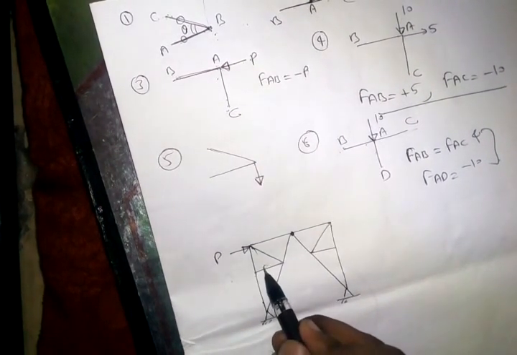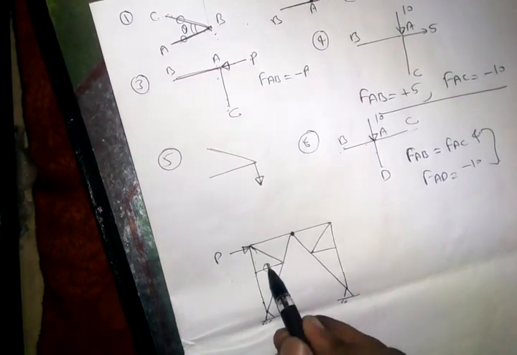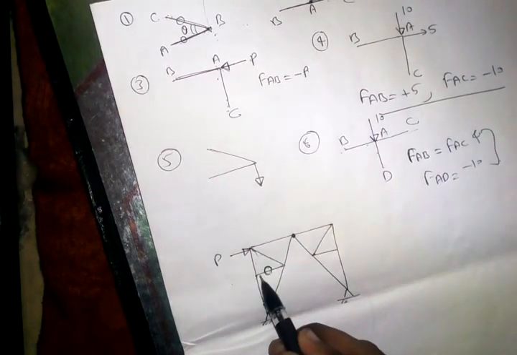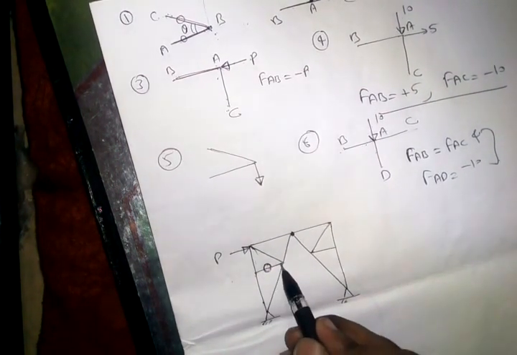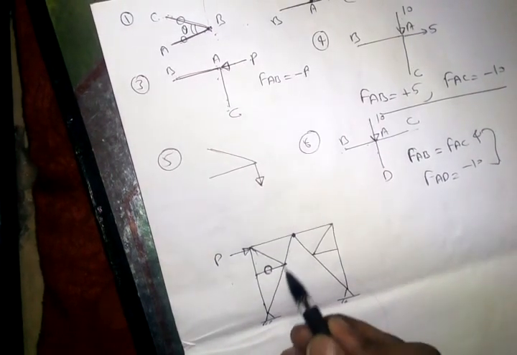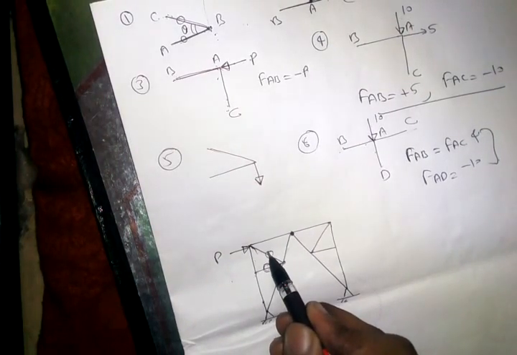Hence, force in this member will be zero because two are straight and one is at an angle. So force in this will be zero. Once the force in this will be zero, now at this joint I will see these two are straight and force in this member will also be zero.